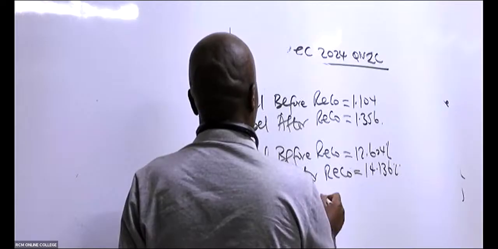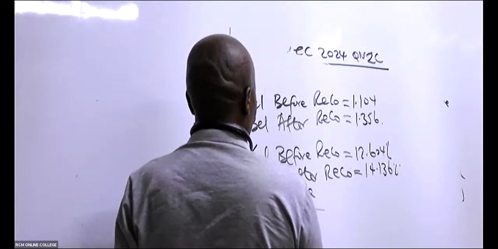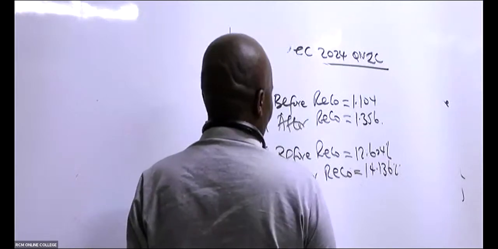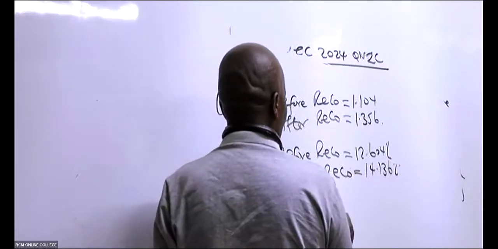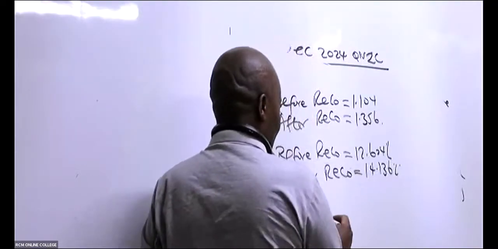First of all, give us the weights. So before reconstruction, have they given me the debt to equity ratio? It is what here, somebody? It's 1.2, isn't it?